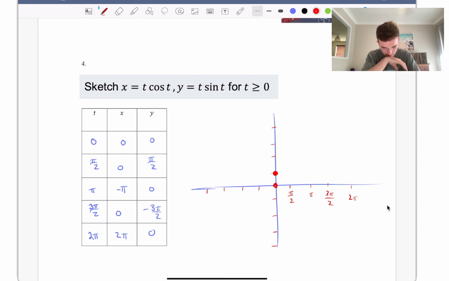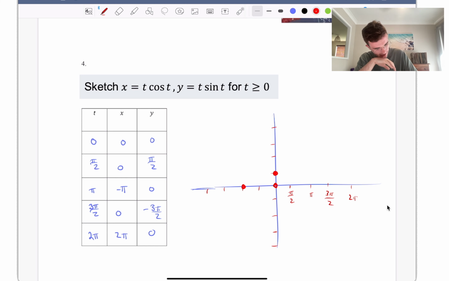Then we've got minus pi, 0. So x is minus pi and we're at 0.